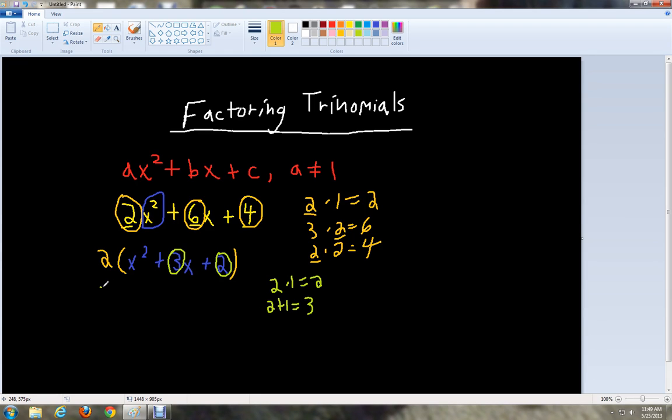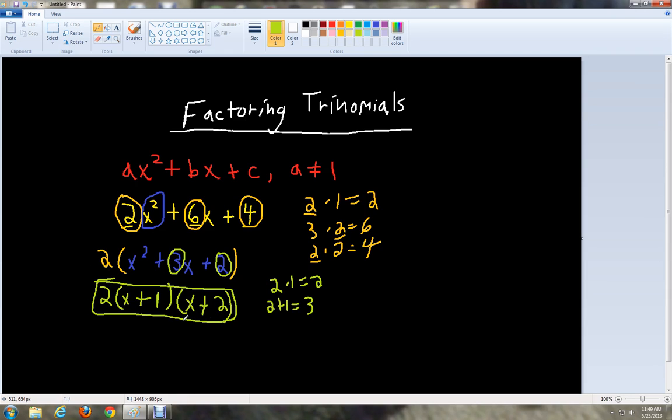So I can factor this as 2 times, remember for x squared we have x and x, and then our factors of 2 that add up to 3 are 2 and 1. So we'll just do it in order, x plus 1, x plus 2. So this will be our final answer for this problem: 2 times x plus 1 times x plus 2.